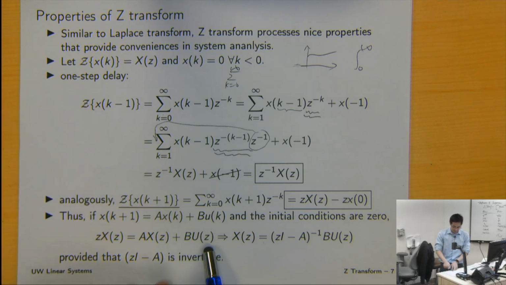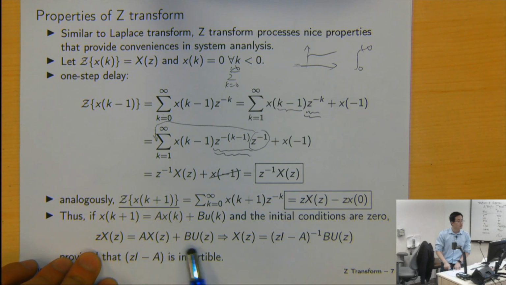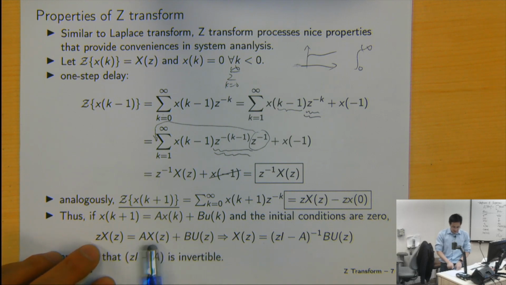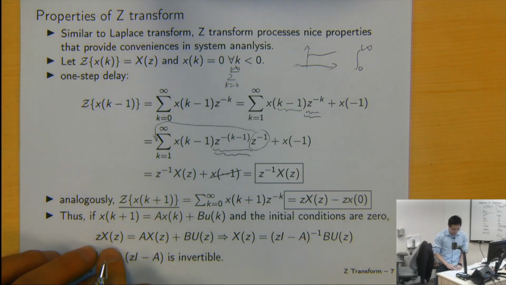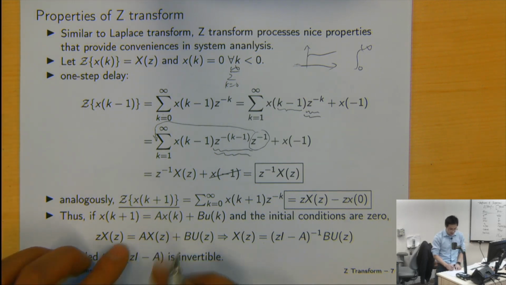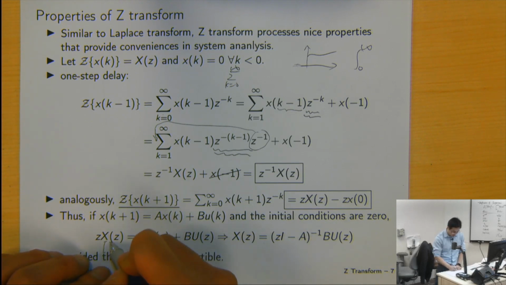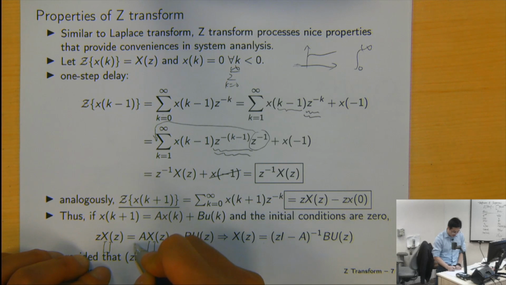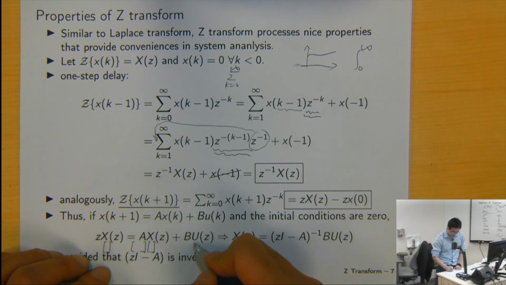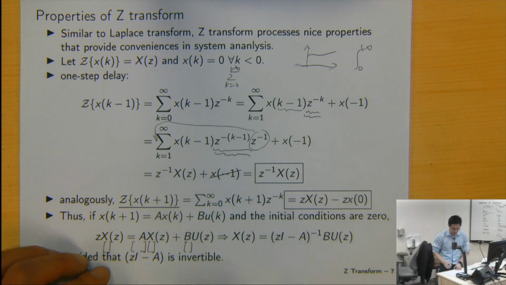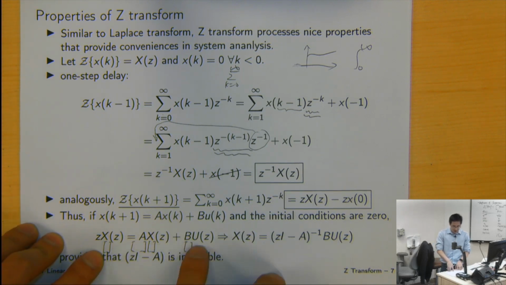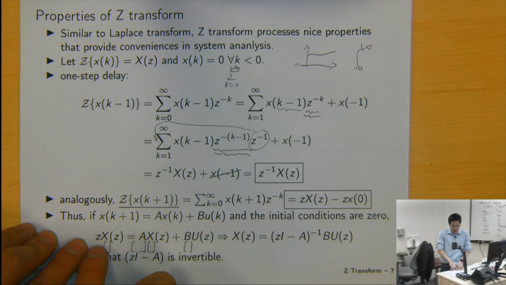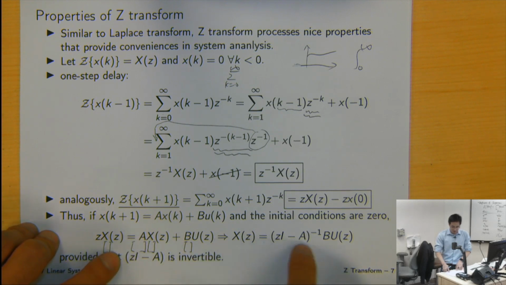So it's very similar to Laplace transform. Then we can combine the term about x. So it's z times X of z minus A x, so suppose these are matrices. These are all vectors. Then A is going to be a matrix. And B is going to be a vector as well. Suppose this is the model. We can do z minus A, combine the term about x, and then do the inverse.